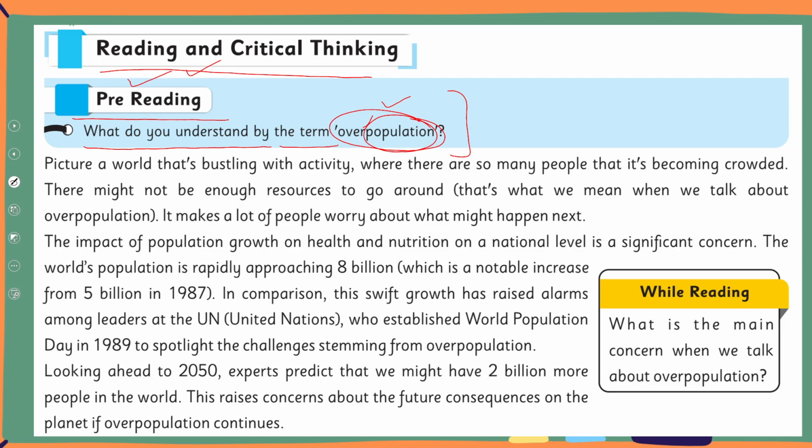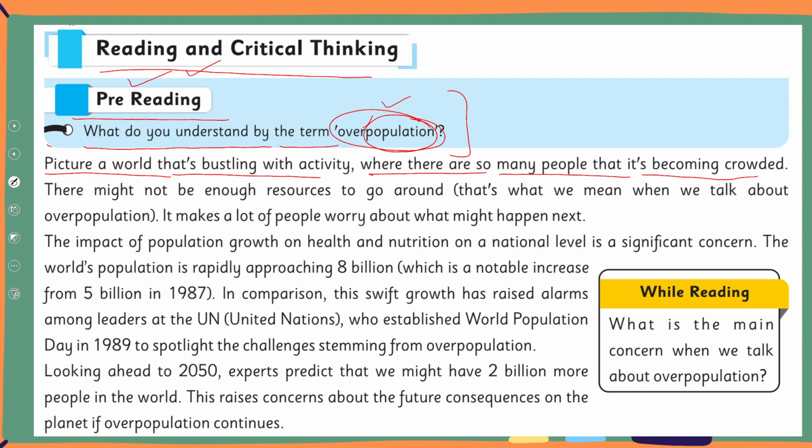So let me read the first one for you because the topic sentence includes the main idea. Picture a world that's bustling with activity where there are so many people that it's becoming crowded.